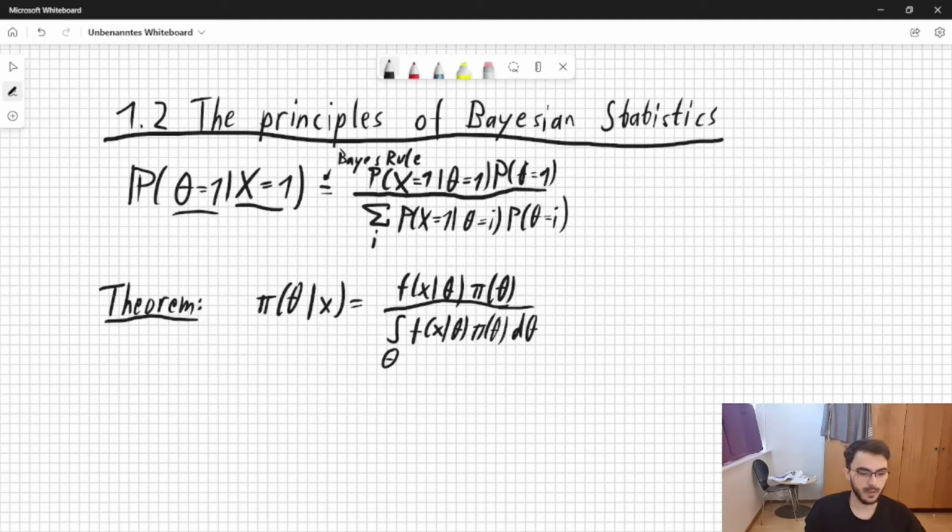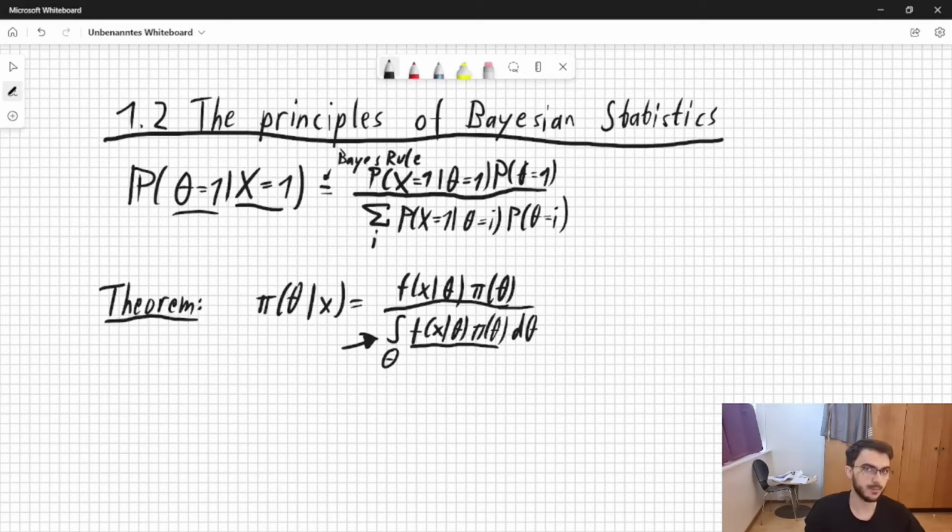And what do I mean by integral? Because this can be an integral, and it is an integral if this density here is a PDF, or in general if the prior is a PDF. If the prior is a PMF, however, we are going to talk about a sum.